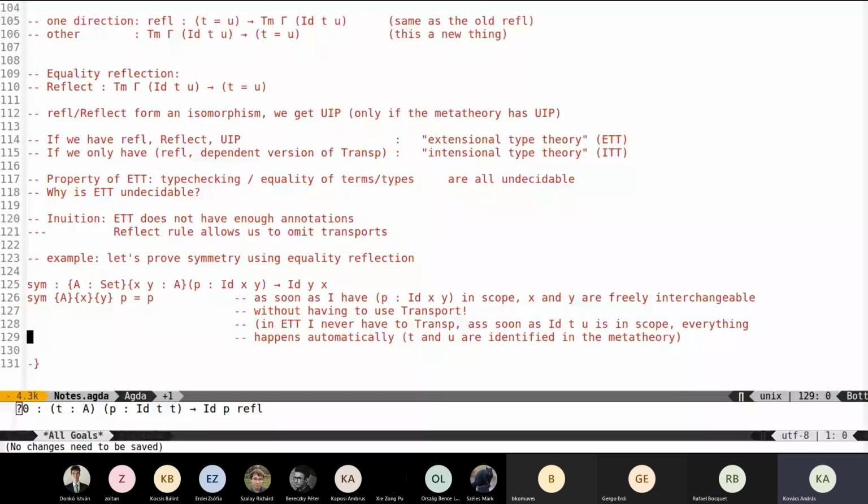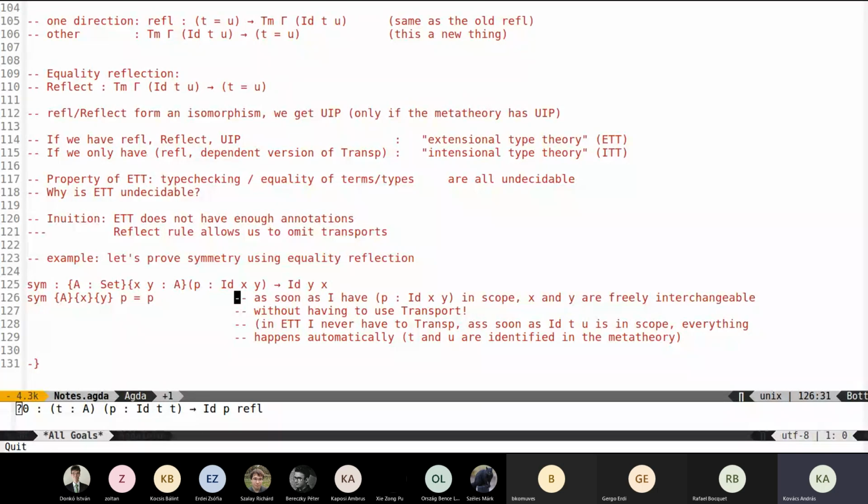But the big problem with ETT, the problem with equality reflection, is not that it's undecidable. Okay, it's a problem that it's undecidable, but the problem is that it doesn't give us any clue how to recover transports. It just completely forgets everything about transports and equality proofs.